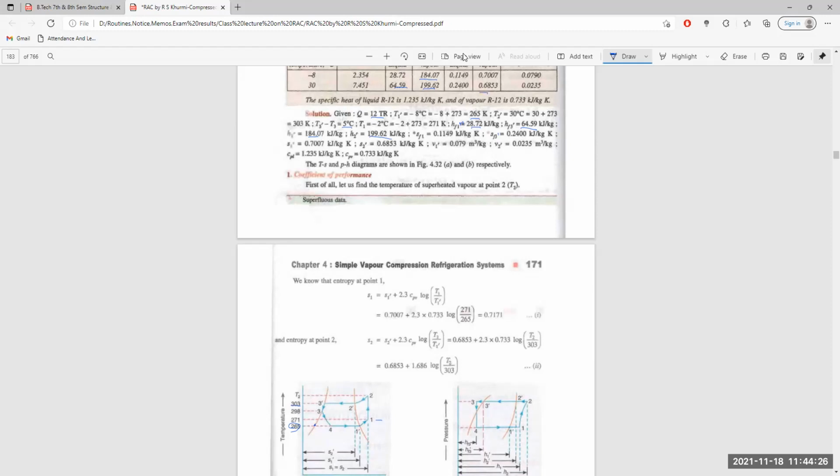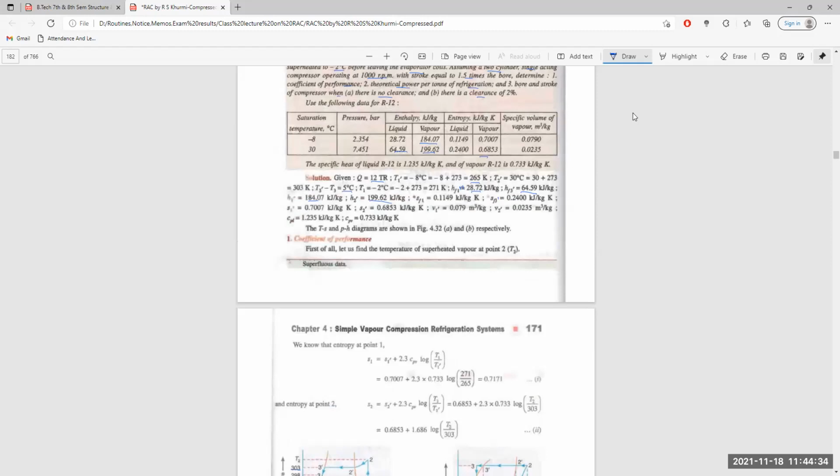V1 and V2 are the specific volumes given here: the specific volume of the refrigerant at temperature T3 when it is in the evaporating state, and at 30 degrees centigrade when it is in the condensing state.